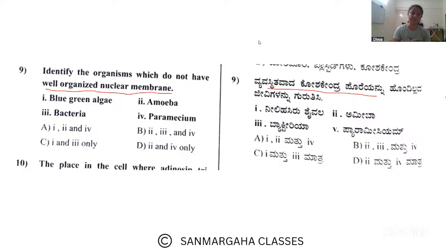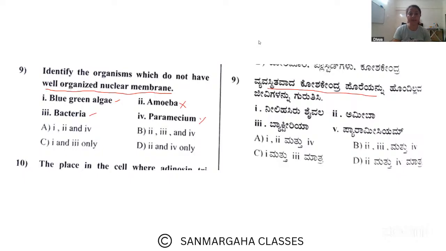Okay? So whether blue green algae, are they prokaryotes? Yes, they are prokaryotes. Amoeba, are they prokaryote? No, they are eukaryotes. Then about bacteria? Bacteria, yes, they are prokaryotes. What about paramecium?